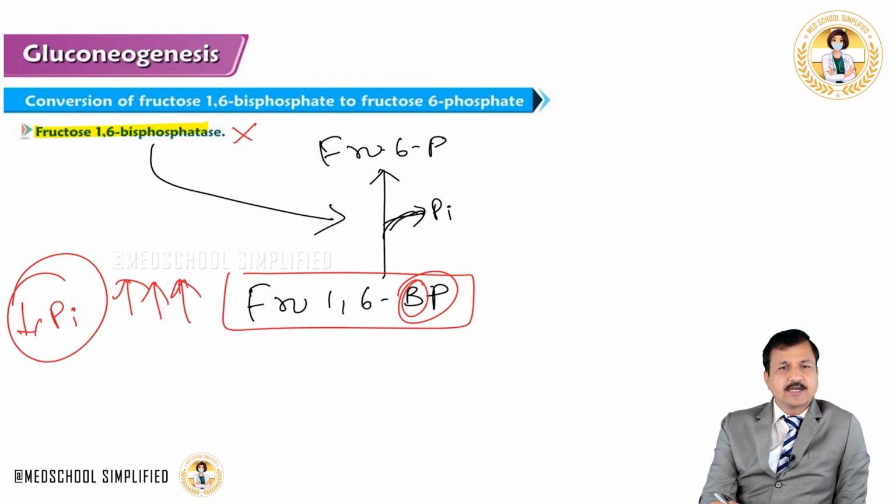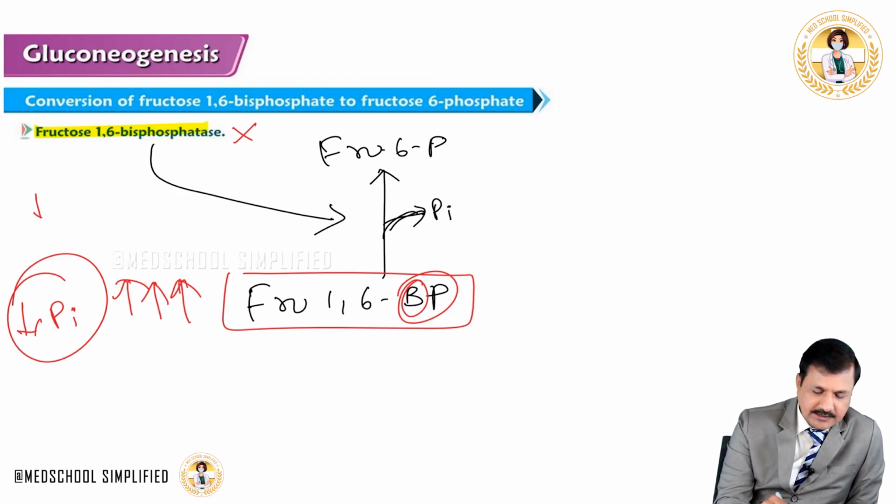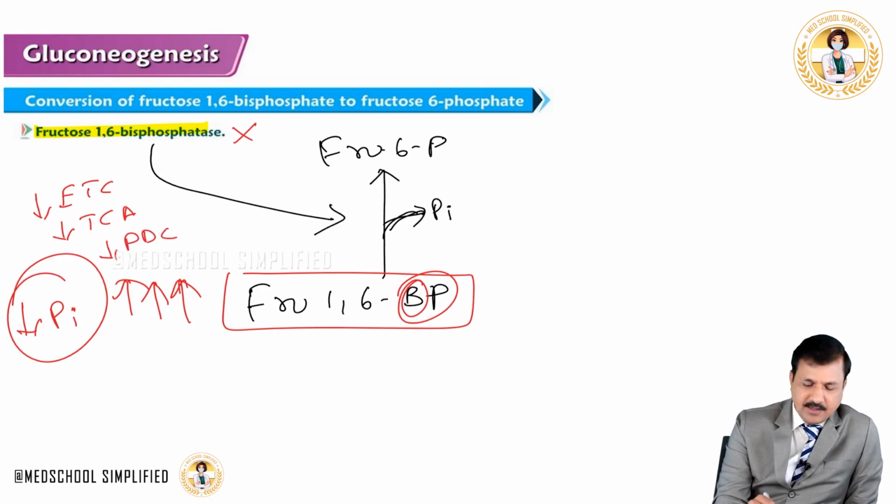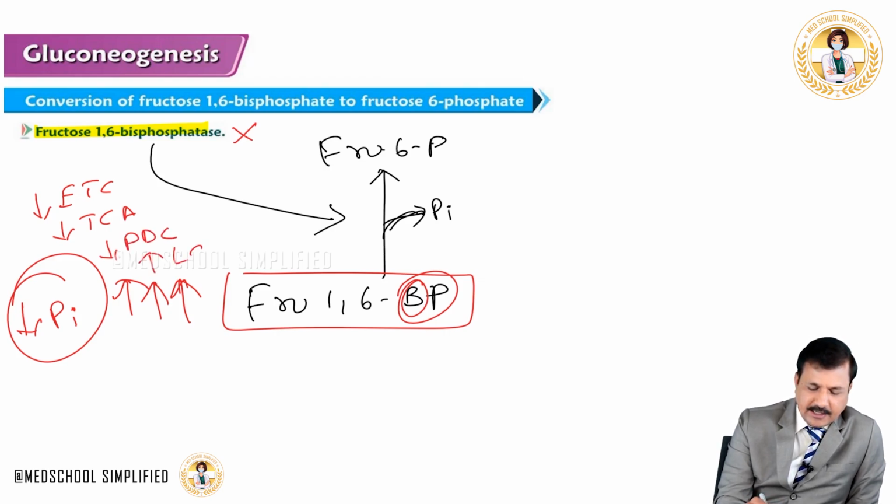And whenever there is a decrease in the inorganic phosphate pool in the cytoplasm, it will lead to a decrease in the electron transport chain, a decrease in the TCA cycle, a decrease in the pyruvate dehydrogenase complex enzyme, an increase in lactate formation, and it will lead to fasting hypoglycemia.